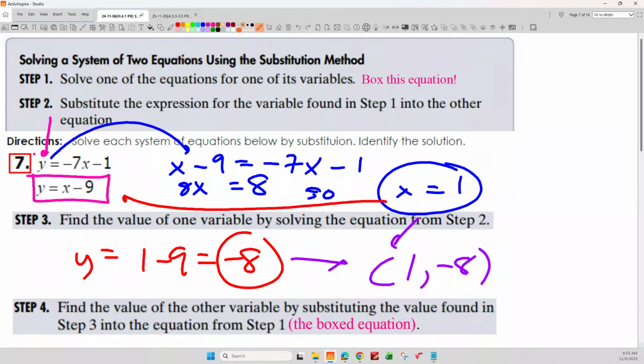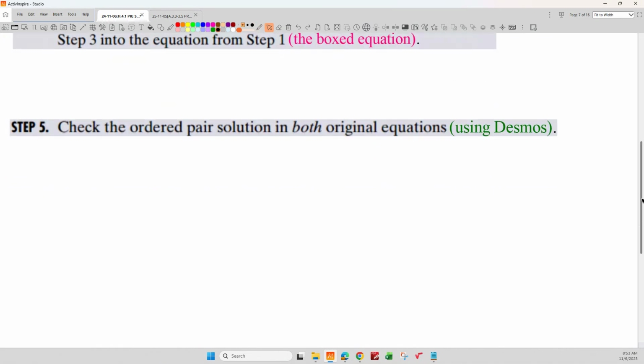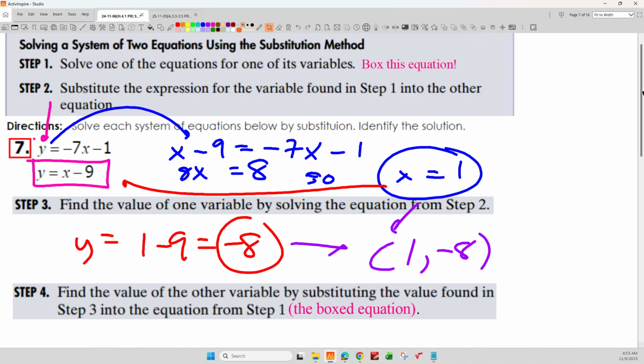I mean, I'd take that equation, right? Let's actually go through this. Let's go through the Desmos, because I think maybe I'll show you a little extra trick here on this one.